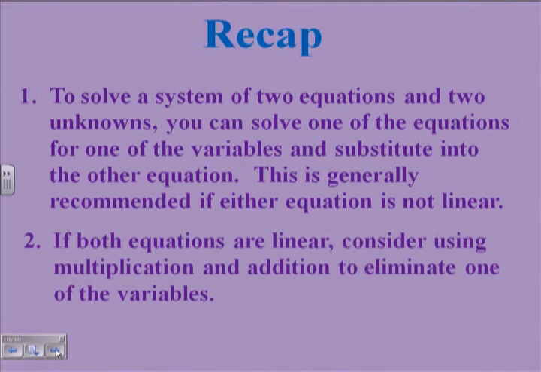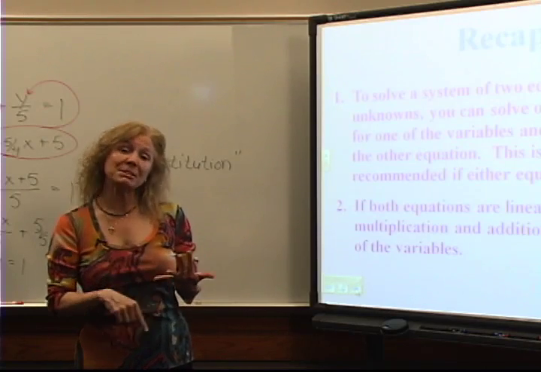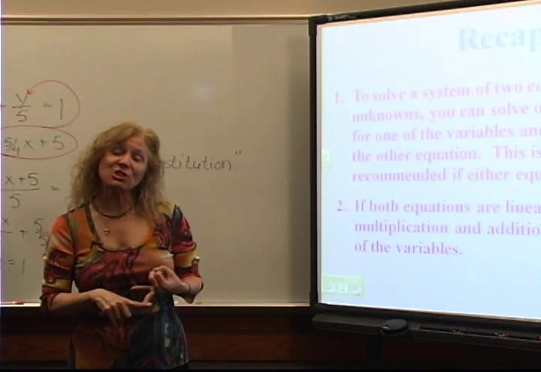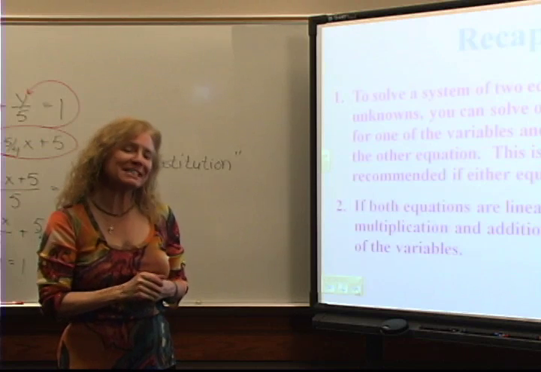Now, if both of your equations are linear and they just lend themselves more to elimination, that can be a very quick way to solve that system of equations. Well, go back and practice with your substitution, your John Madden kind, and practice with elimination, okay? And get proficient with solving systems.